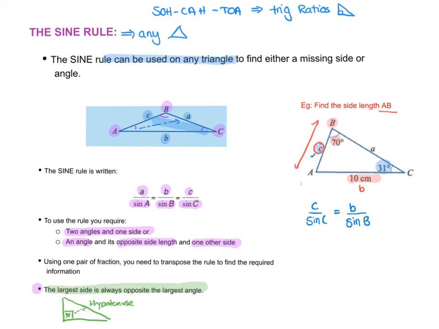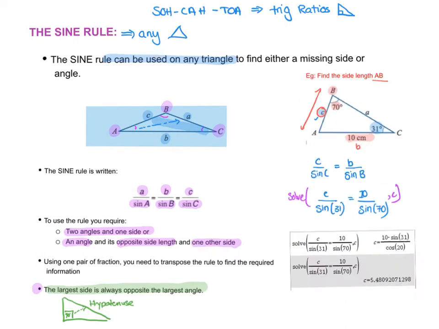Then I simply put what we do know into the formula. I know that, 10 over sine 70. Once you've got it to this situation, you can put solve in your calculator, comma, C, and you'll be able to get what C equals.